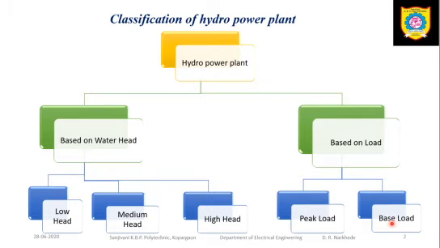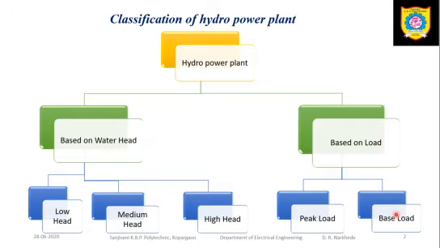The hydroelectric power plant will run 24/7. It will run continuously. Base load plants are the backbone of the load satisfied by the system. As they are continuously running, they act as the backbone of your power system.